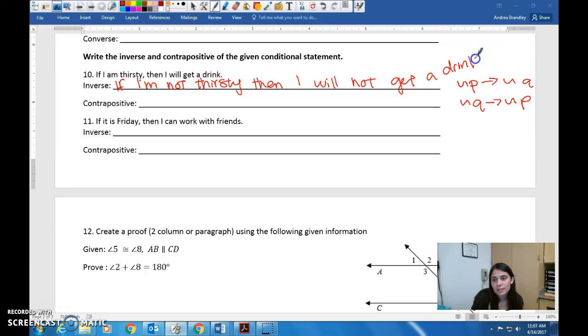The contrapositive is still negated, meaning we're using these nots, but we're going to swap the order for if not Q, then not P. So if I don't get a drink, then I'm not thirsty. So again, number 11 is just like number 10, so I'll go ahead and let you try that one on your own.